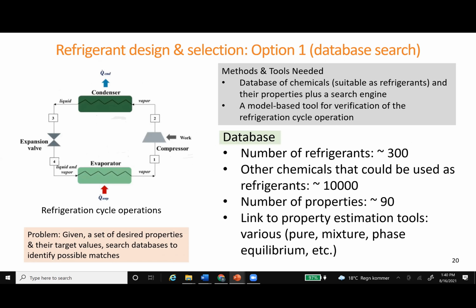Other chemicals that could also be used as refrigerants, we have identified 10,000 of them. I will discuss them in the next lecture, but there are quite a lot that could be used. Number of properties is more than 90, about 103. And the database is linked to property estimation tools, pure mixture phase equilibrium, in case we need to predict the properties.